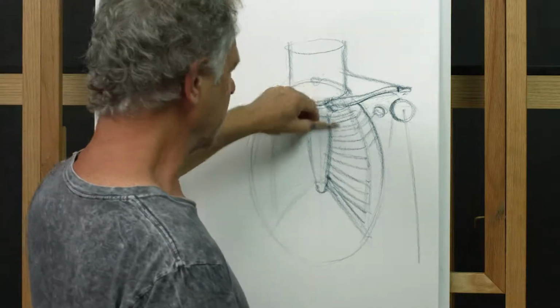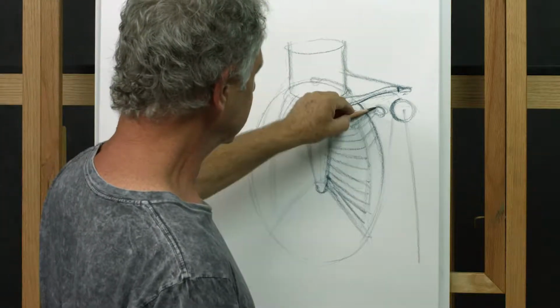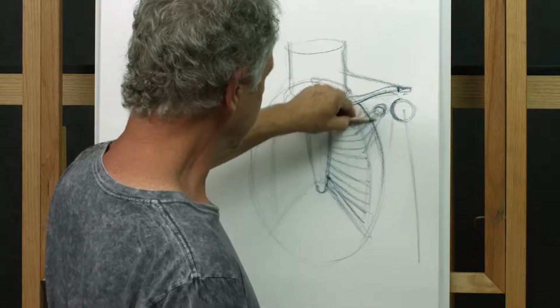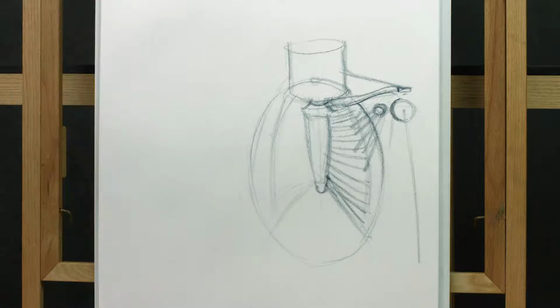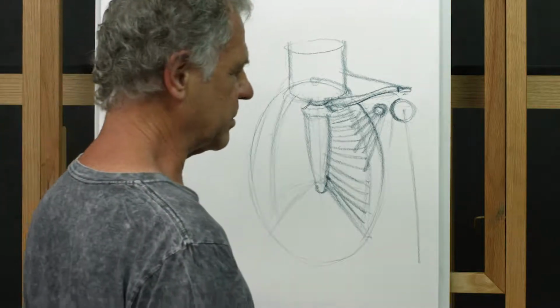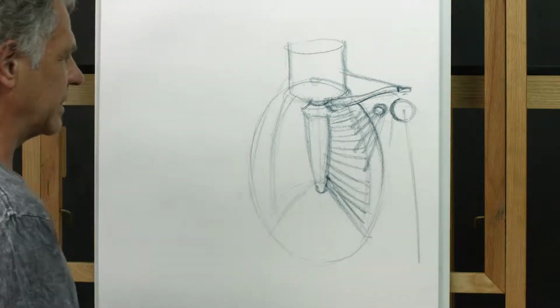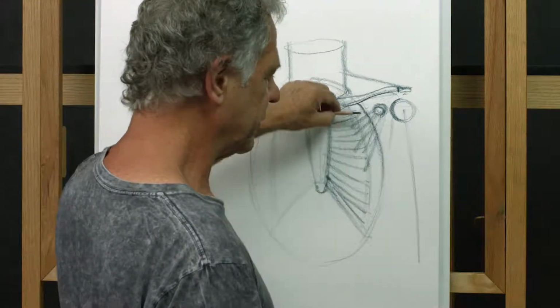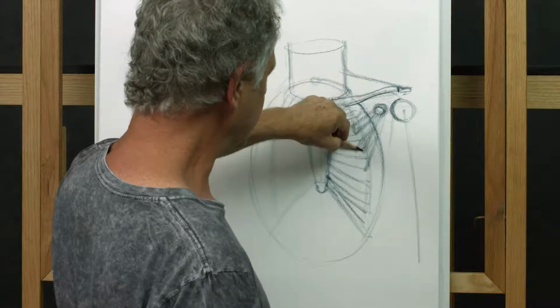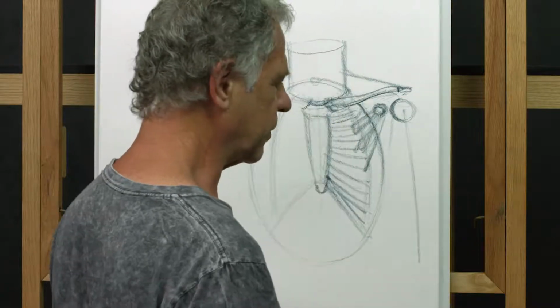So they're coming off from the ribs here, here, here, like this, over to the coracoid process. Now, you may not think that this is important, but it does have a visual effect, and that's what I will try to demonstrate. So what we've got then is it going to rib 2, 3, and 4.